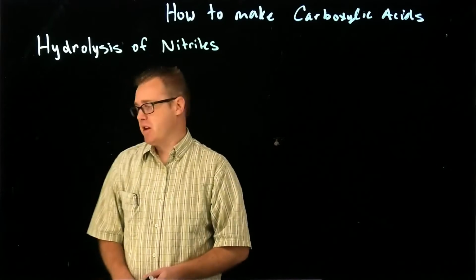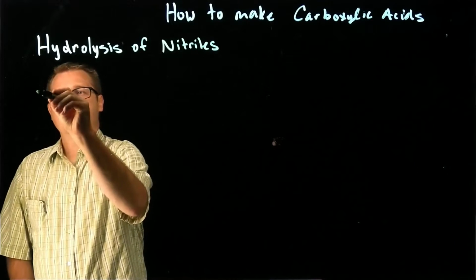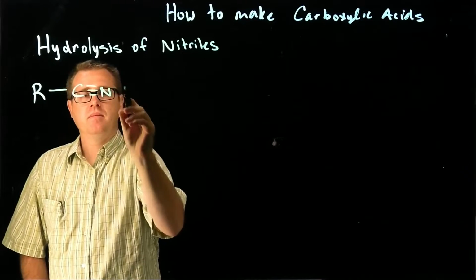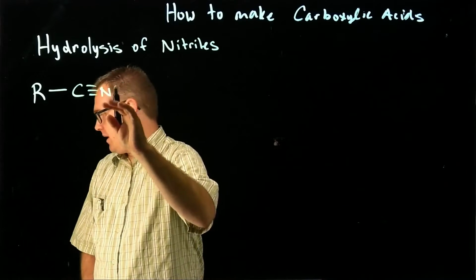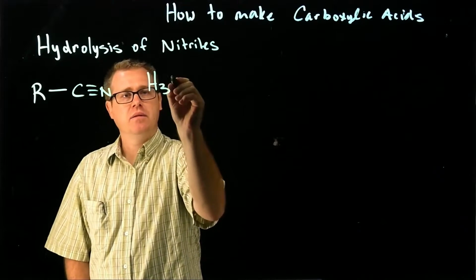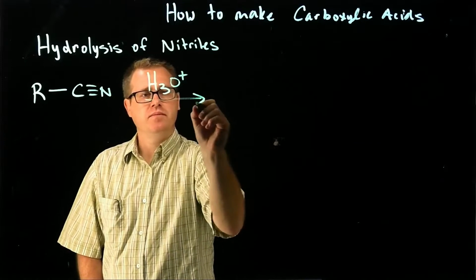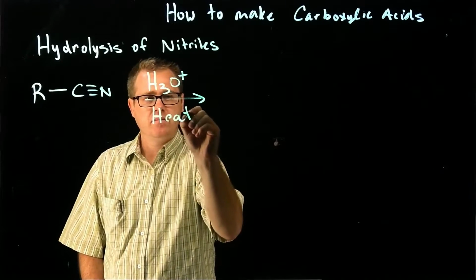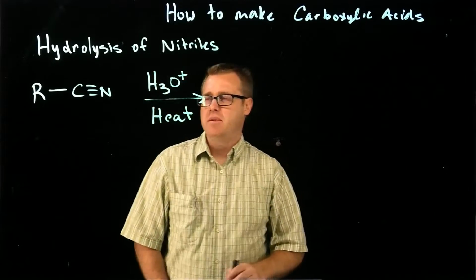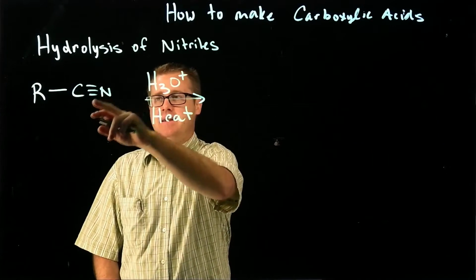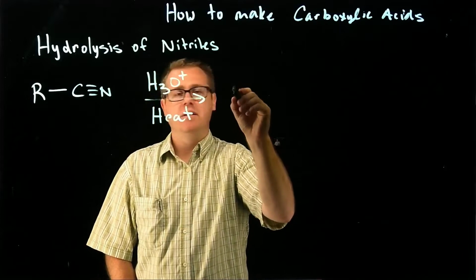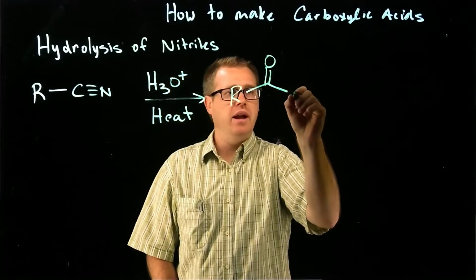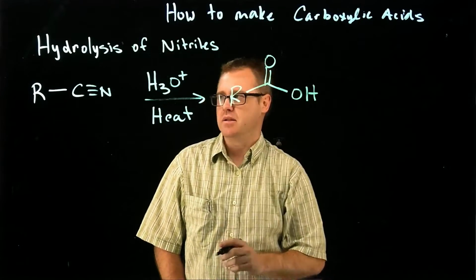Another way of making carboxylic acids is if you take a nitrile and you treat it with some acid and you add some heat. What's going to happen is it's going to hydrolyze the nitrile into a carboxylic acid.